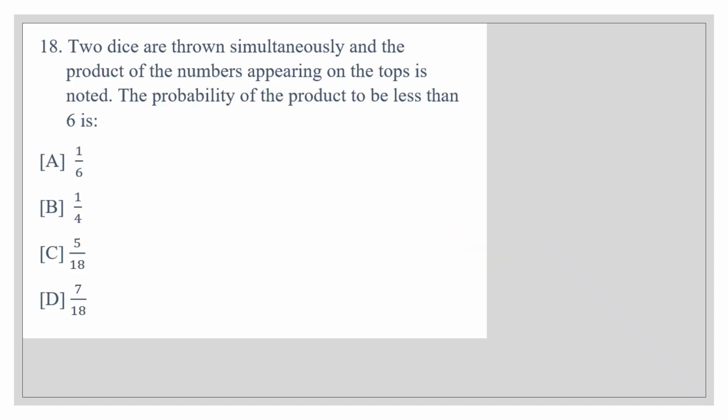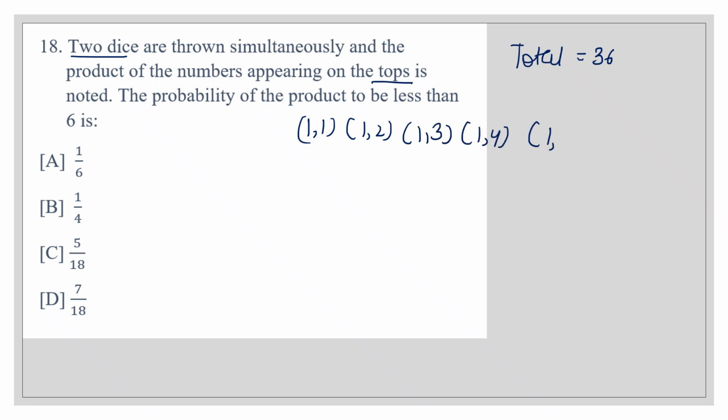Next, question number 18. Two dice are thrown simultaneously and the product of the numbers appearing on the tops is noted. The probability of the product to be less than 6. So total we know is 36 when we are throwing two dice. Now less than 6, 1, 1, 1, 2, 1, 3, 1, 4, 1, 5.